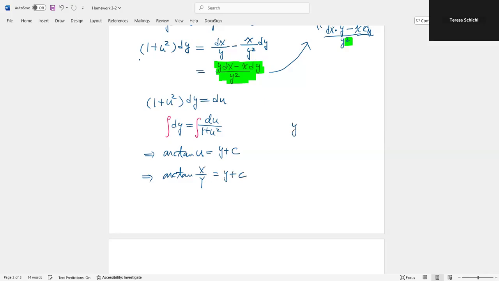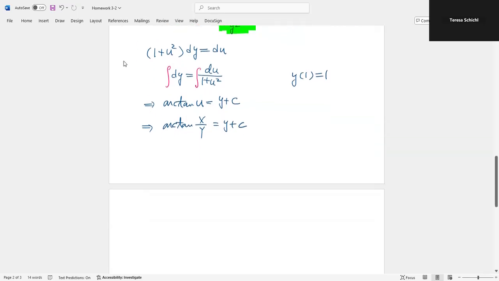So now my initial condition is y(1) equal to 1. So I will have arctan 1 equal to 1 plus c. Arctan 1, I know, is pi over 4, equal to 1 plus c. So what is my c value? c is equal to pi over 4 minus 1.